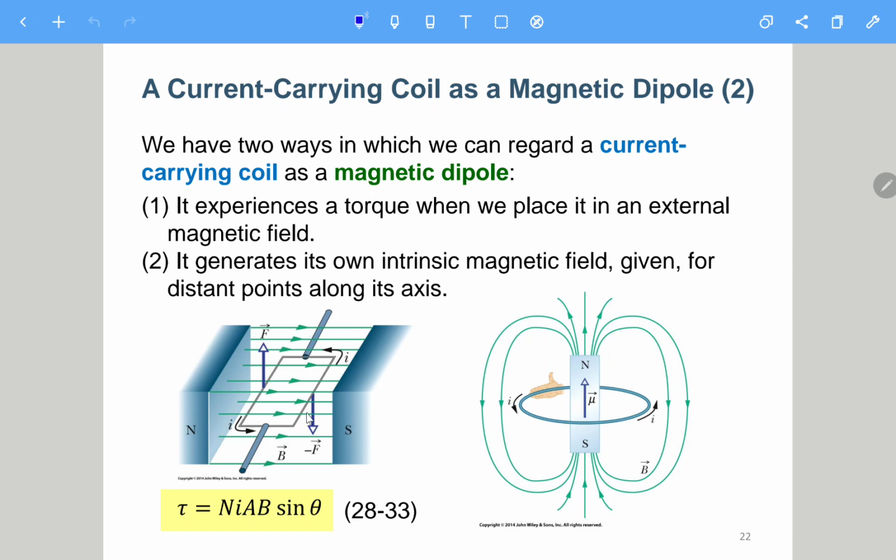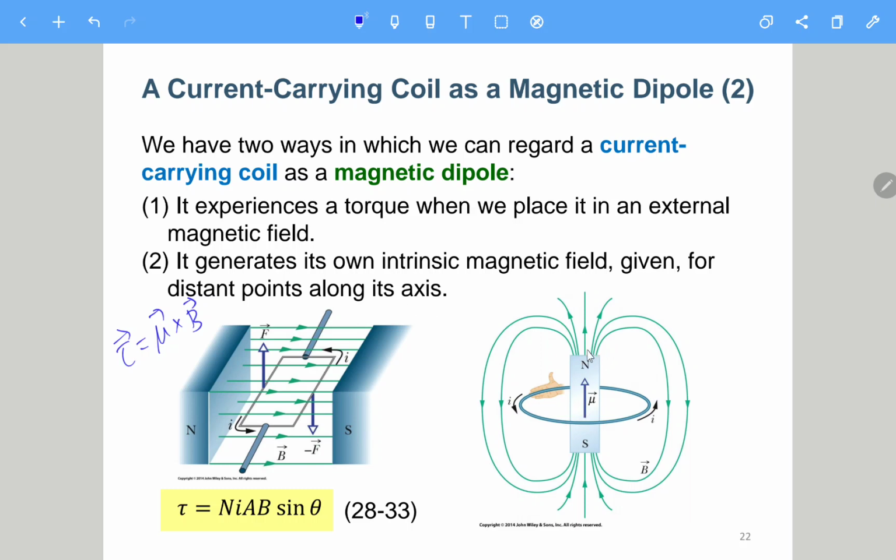So you will see the torque. The torque will be mu cross B, if you still remember. This is the first one. The second one is that it generates its own intrinsic magnetic field at a distant point along its axis.